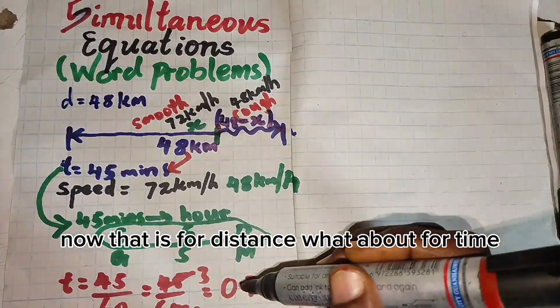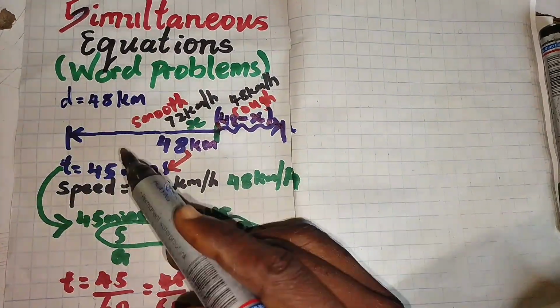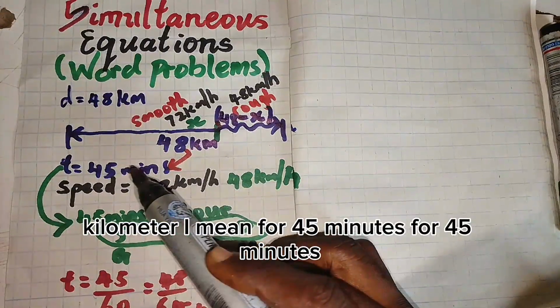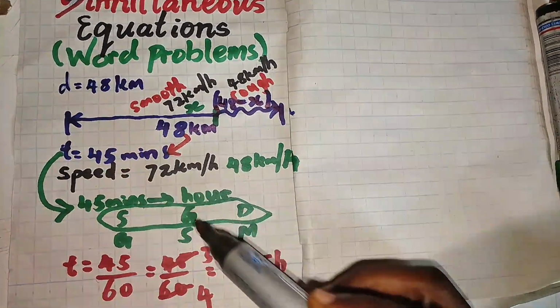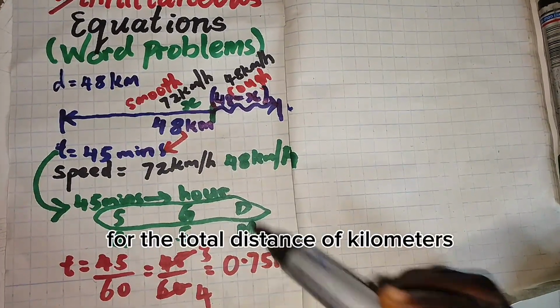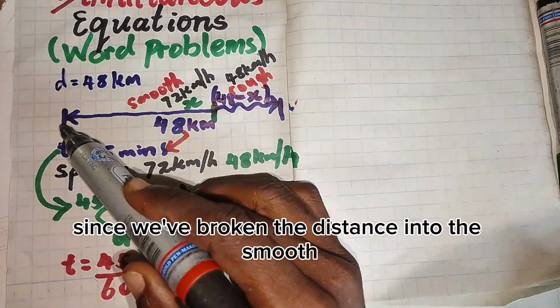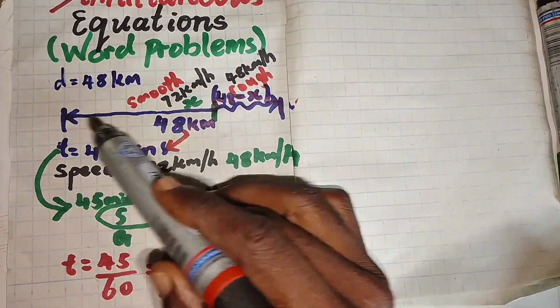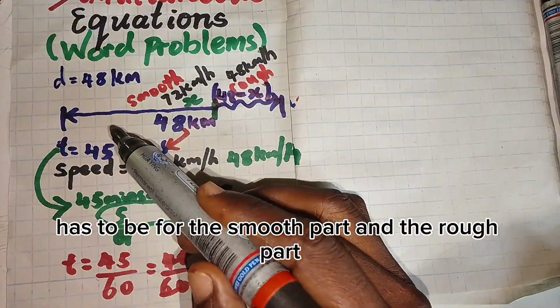What about for time? The total time taken for this distance of 48 kilometers is 45 minutes, which we converted to 0.75 hours. Since we've broken the distance into the smooth and the rough, the time also has to be for the smooth part and the rough part.